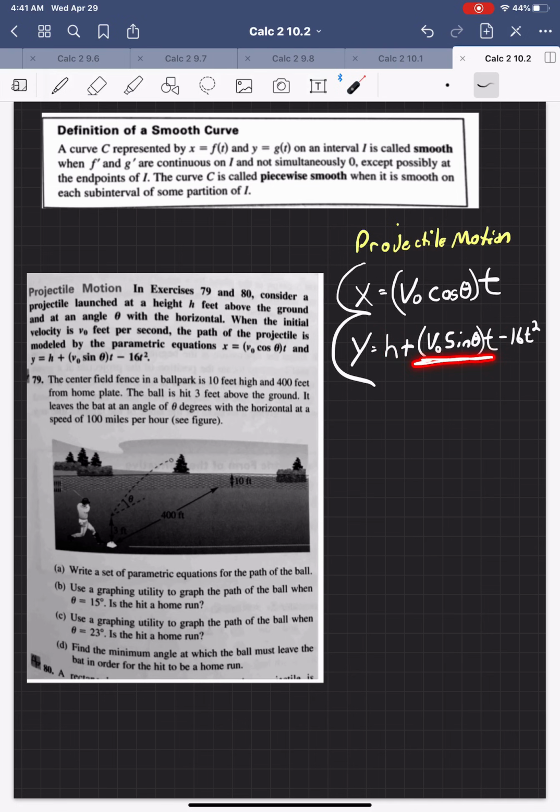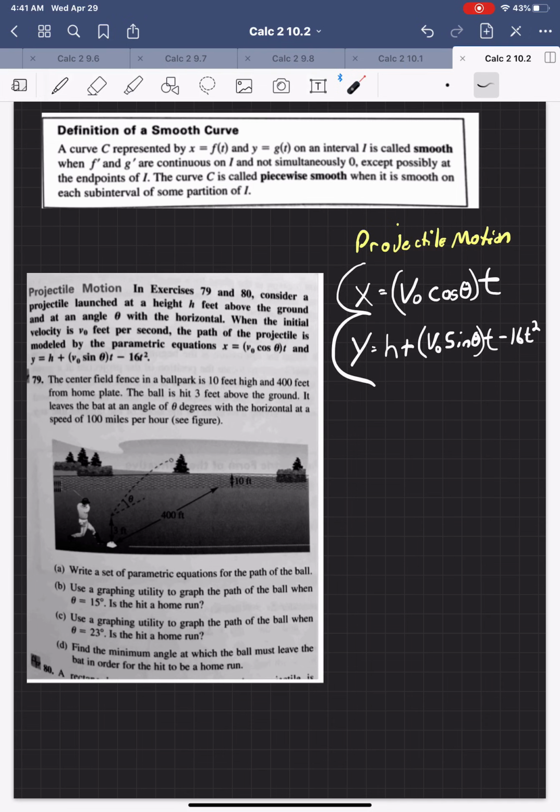Then you would have initial velocity times sine of the angle times t, and if we're dealing with feet per second for acceleration, you would have minus 16t squared, right? If you're dealing with meters per second, then you would have to adjust that.